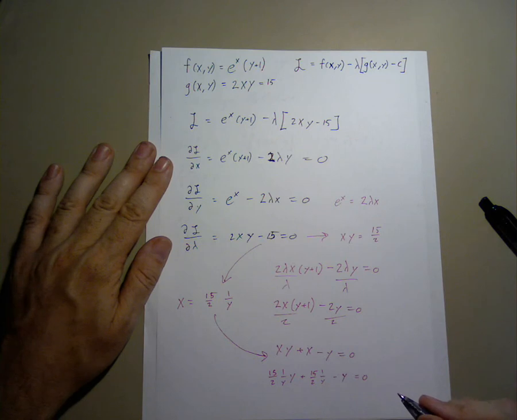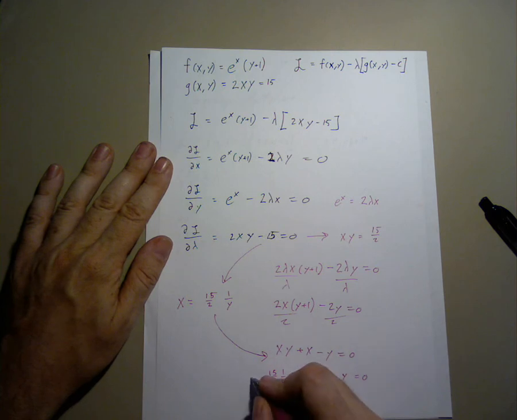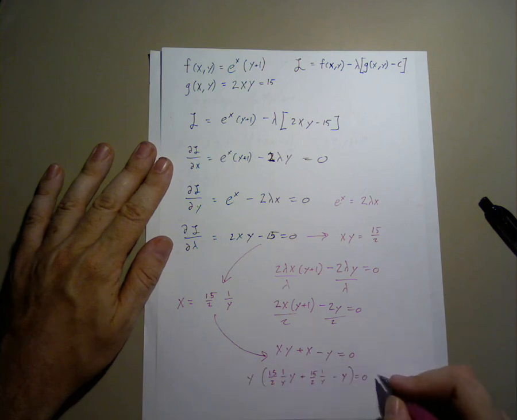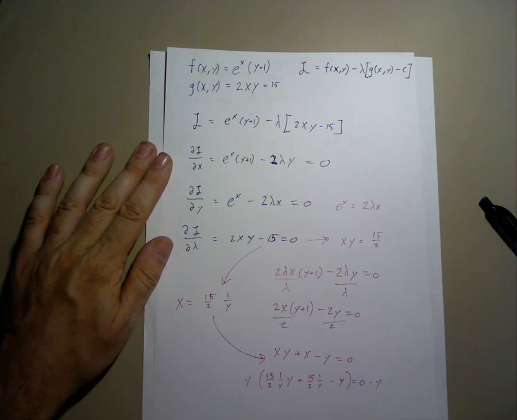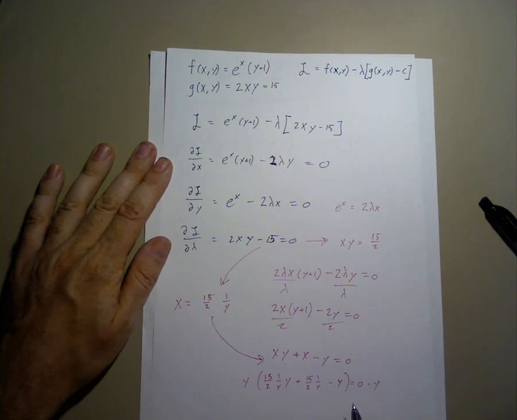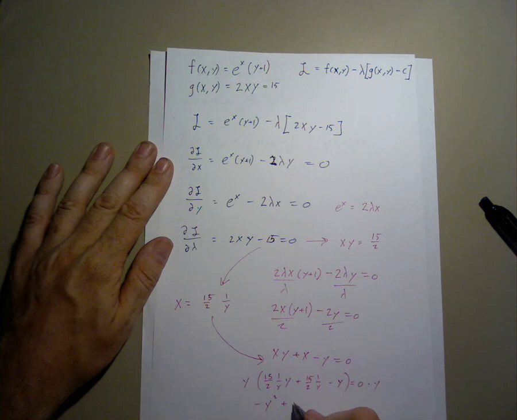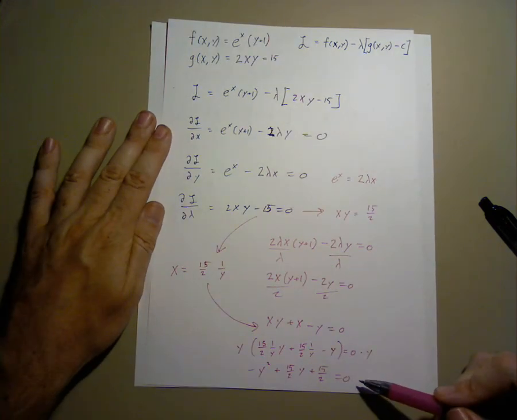However, if we multiply both sides by y, we get the more solvable negative y squared plus 15 over 2 y plus 15 over 2 equals 0. This is solvable by use of the quadratic equation.